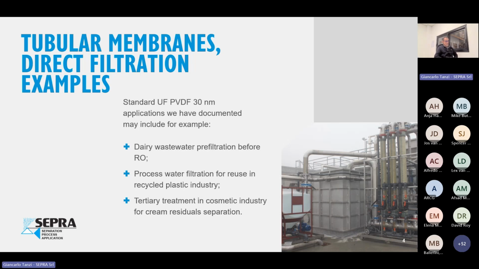Obviously, in this case, the challenge is to increase a lot the dry substance, and in a specific case, we have an installation that is shown also in this picture, where there is a pre-concentration with tubular membrane, and then a final concentration stage made with inorganic membranes.